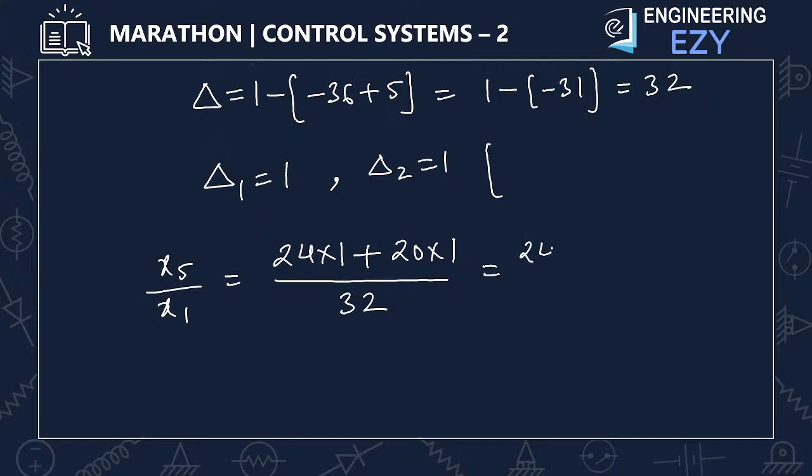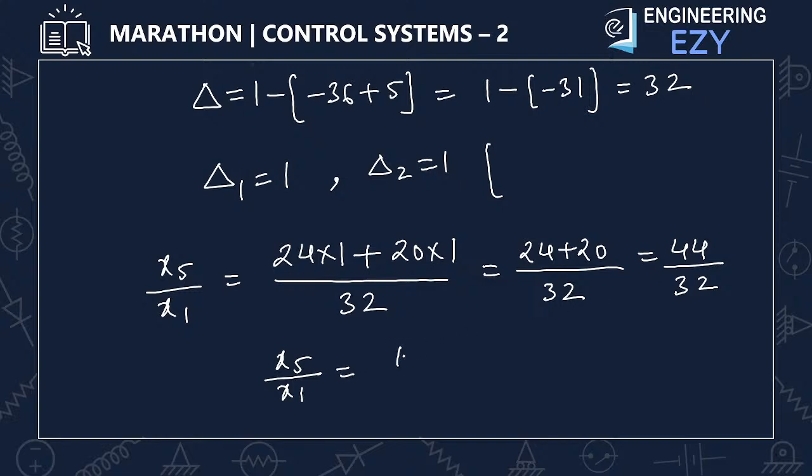So the correct answer is 24 plus 20 divided by 32. 44 divided by 32. So x5 upon x1 is equal to 11 by 8. And 11 by 8 is 1.375. So the correct answer is 1.375.